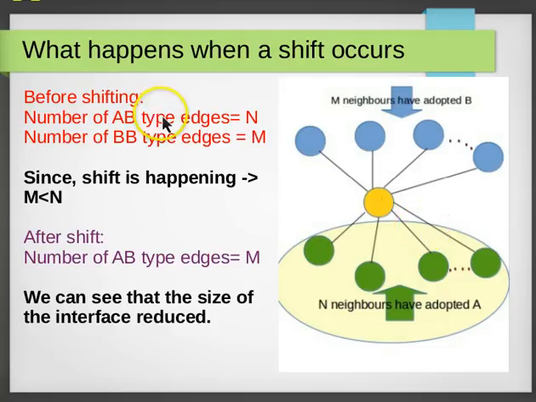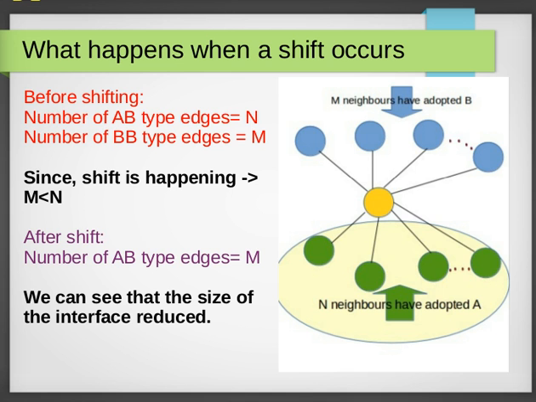So you can see before shifting, the number of AB type of edges involved here is capital N, since there are N neighbors who have adopted A. Similarly, the number of BB type of edges which are outside this oval will be equal to M.